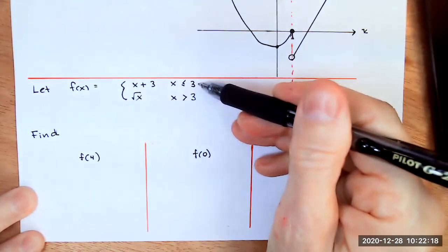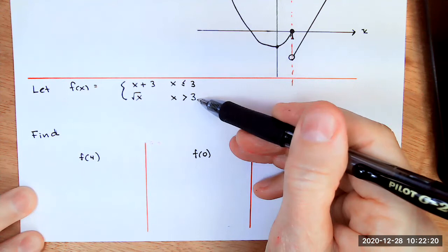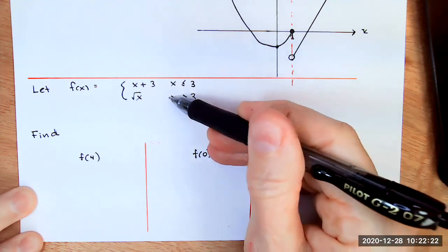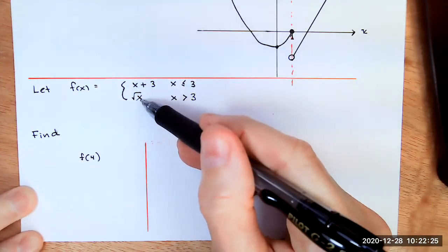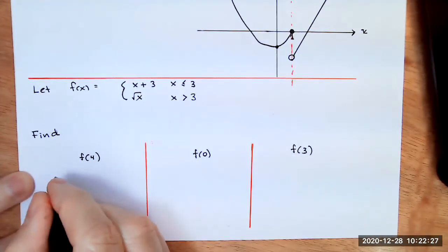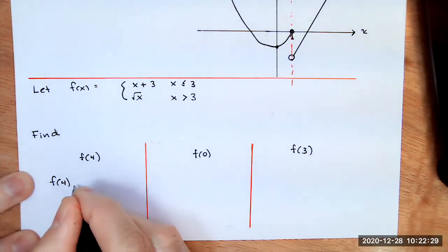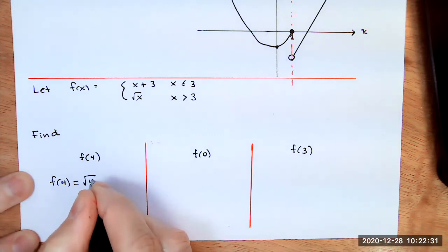Is it in x less than or equal to 3 or x greater than 3? Well, it's in this part, so we're going to use square root of x. So f of 4 is the principal square root of 4.